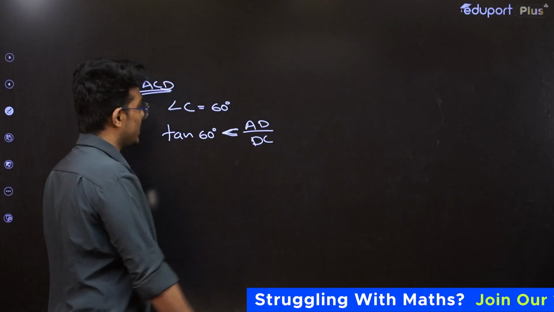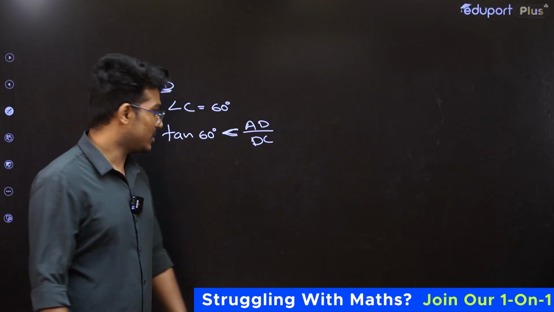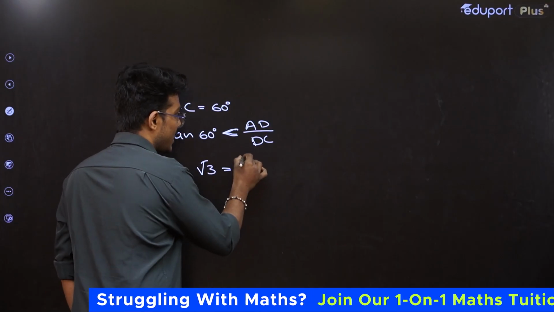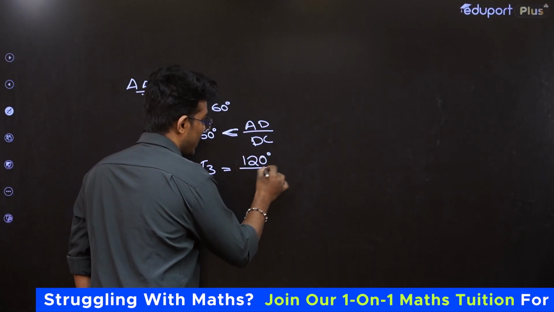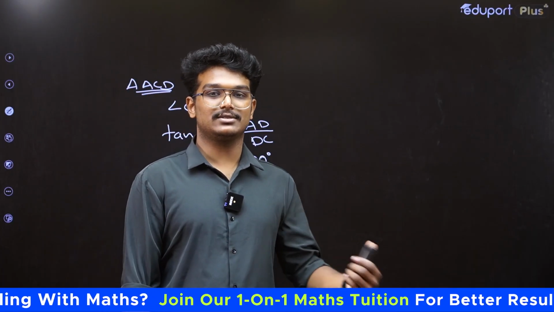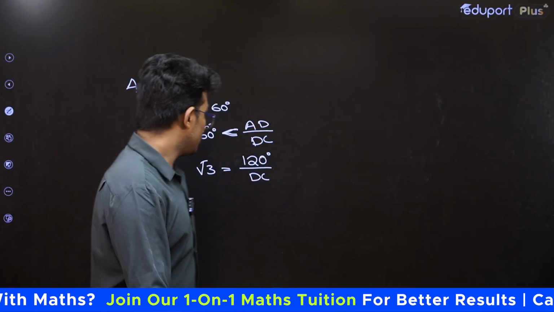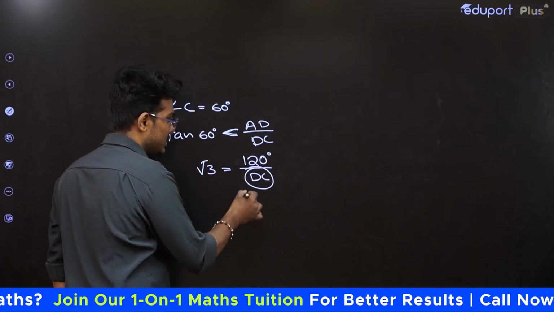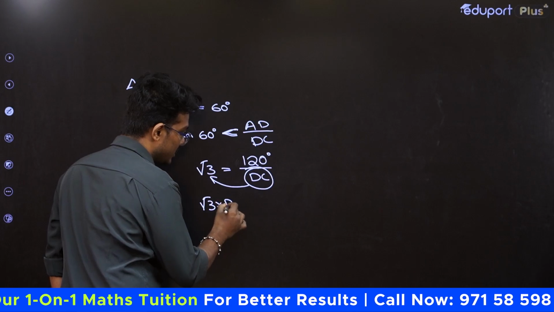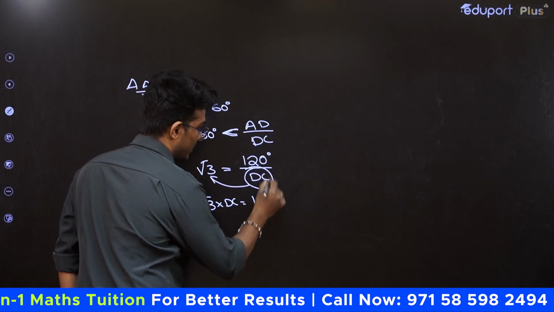So tan 60 is root 3 here. Root 3 is equal to AD is 120 and DC, we want to find the length of DC here. Now I'm taking the DC to the left side, then root 3 into DC is equal to 120.